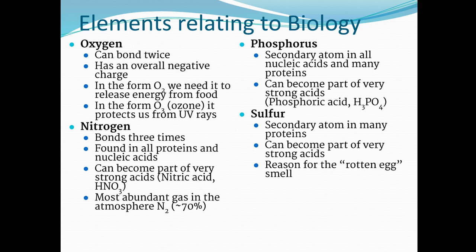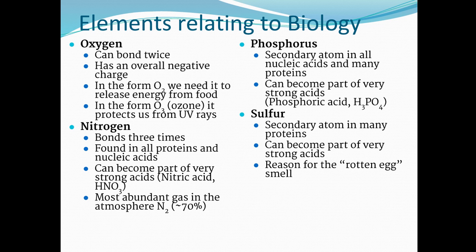About 70% of our atmosphere, the air you breathe in, is nitrogen. Now, I know that might sound strange because we think of breathing in oxygen and breathing out carbon dioxide. If we had much more oxygen in the air, small sparks would basically just ignite things. The fact that there's a lot of nitrogen in the air is actually very good for us.